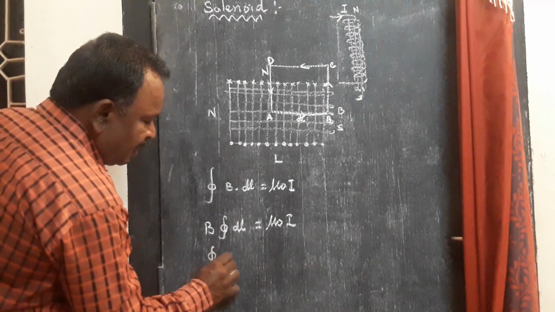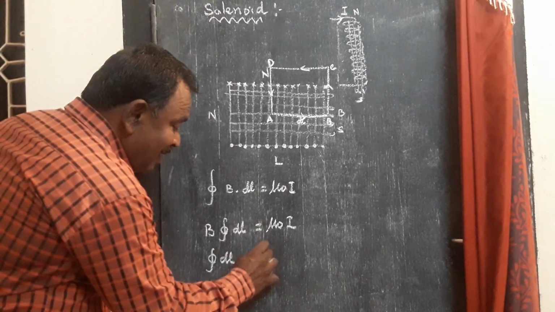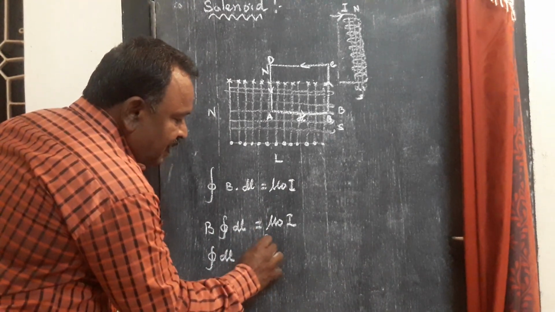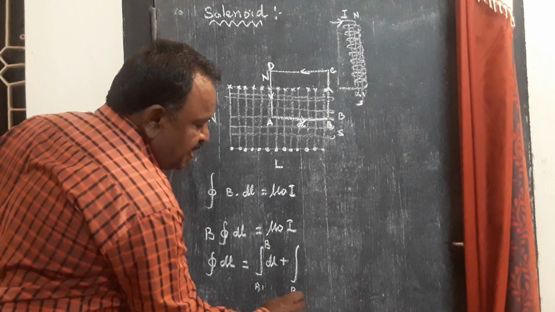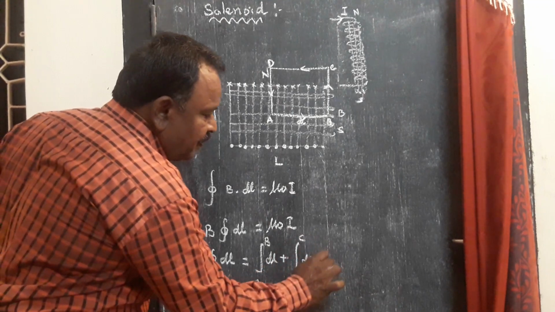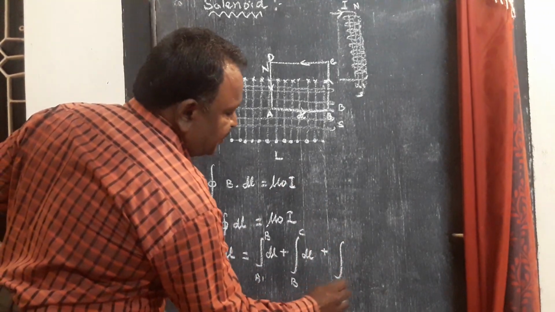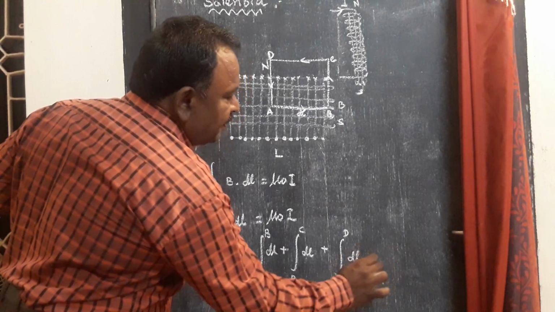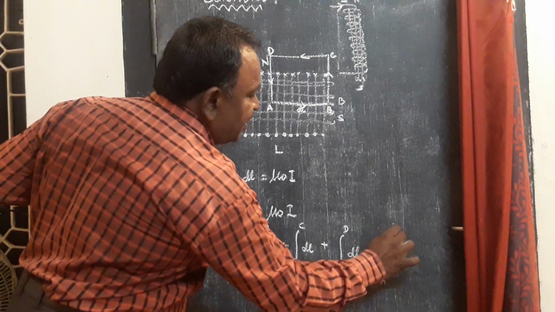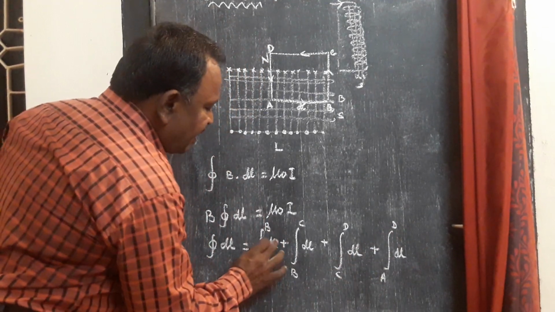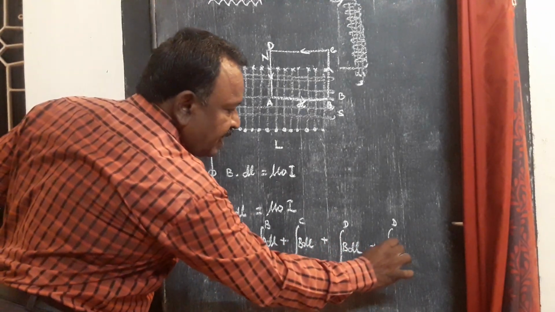This closed integral dl can be written as the line integral A to B dl plus line integral B to C dl plus line integral C to D dl plus line integral D to A dl, each with B dot dl.